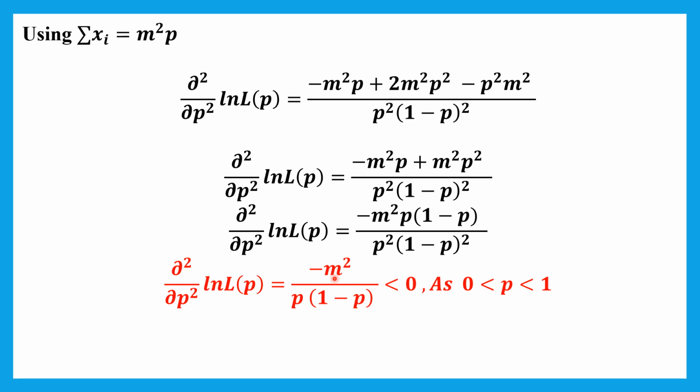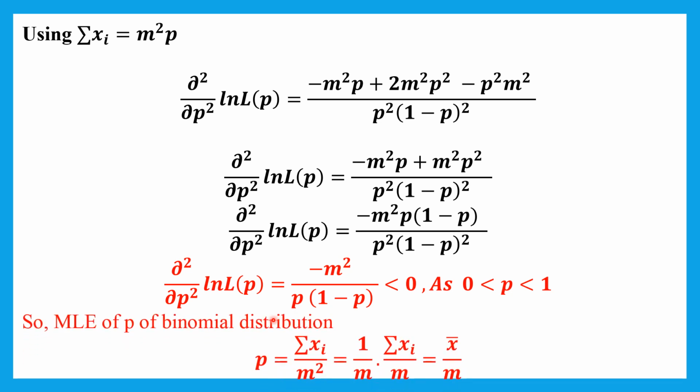Hence it ensures that the second derivative will be negative for the estimated value of p obtained by putting the first derivative equal to 0. So this estimator will be the maximum likelihood estimator, which is p is equal to summation xi over m square.